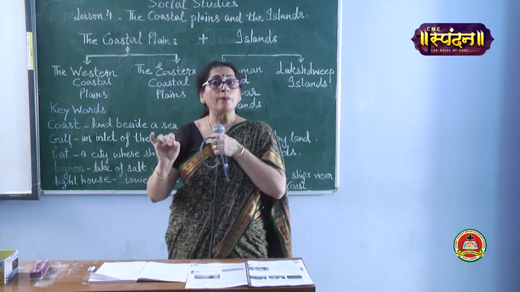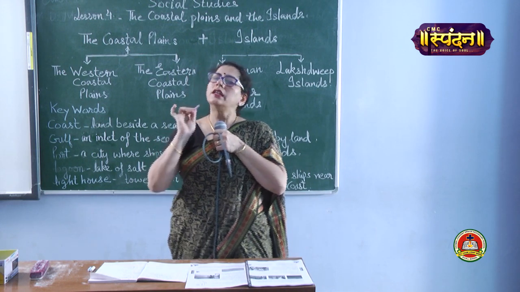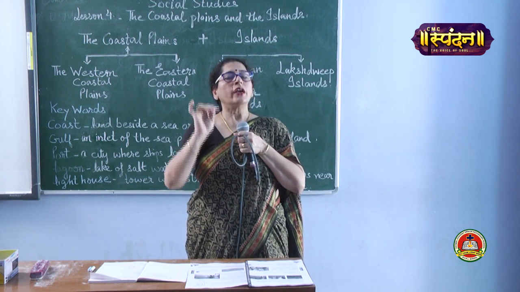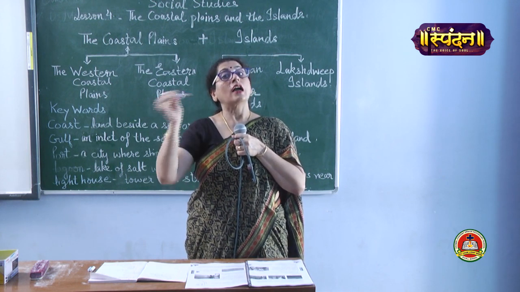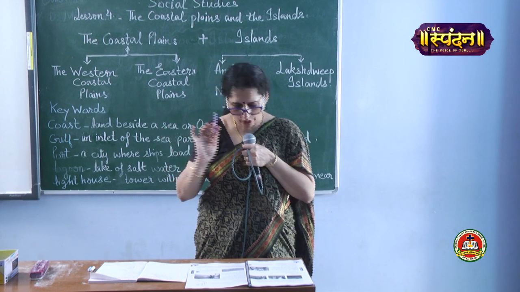But Indira Point is the southernmost tip of the Nicobar Islands that belong to our country. So it becomes the southernmost tip of our country as a whole. Am I clear? Okay.